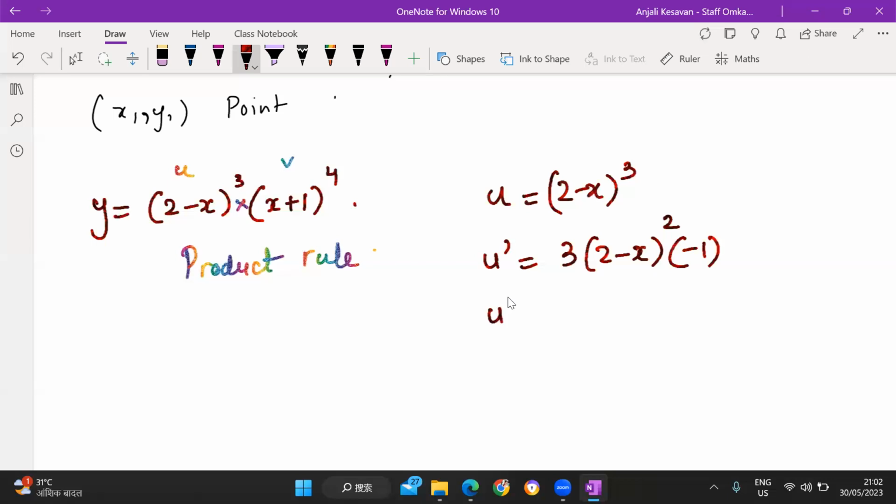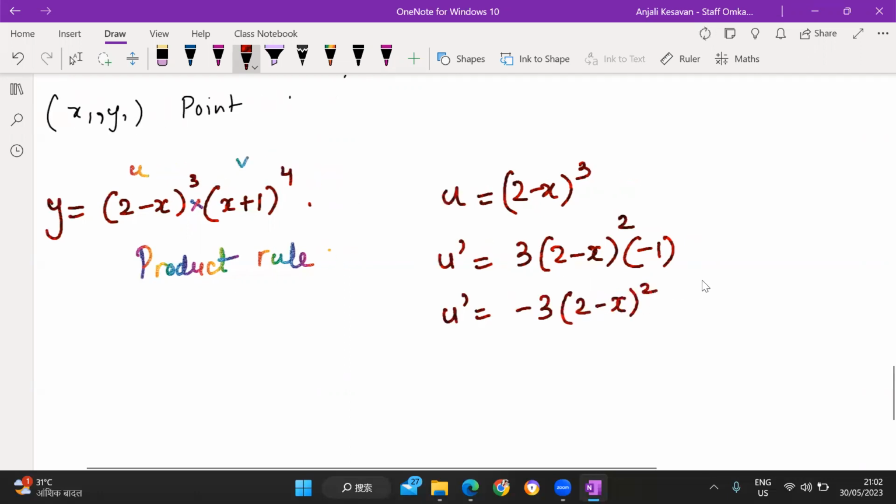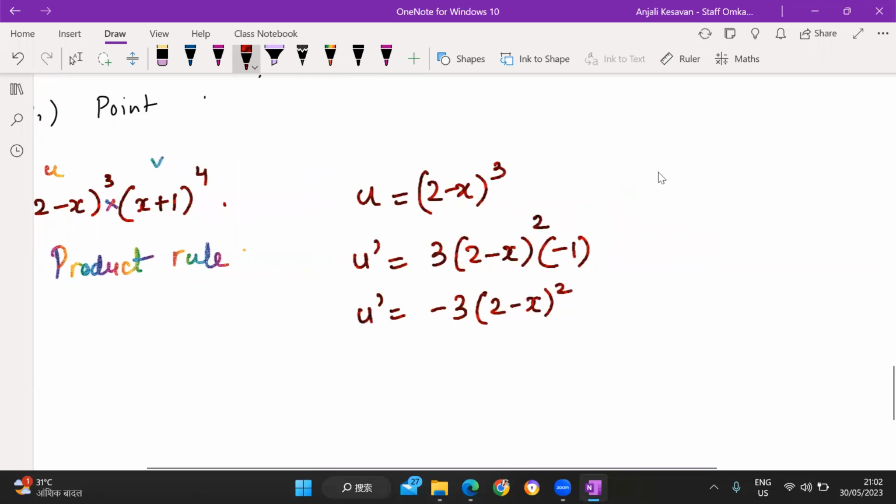So let's simplify it further. So what is u prime? 3 times negative 1 will be negative 3 times (2 minus x) squared. Are you able to follow this or am I going too fast for you? Yeah. So what is your v? v is (x plus 1) raised to 4.